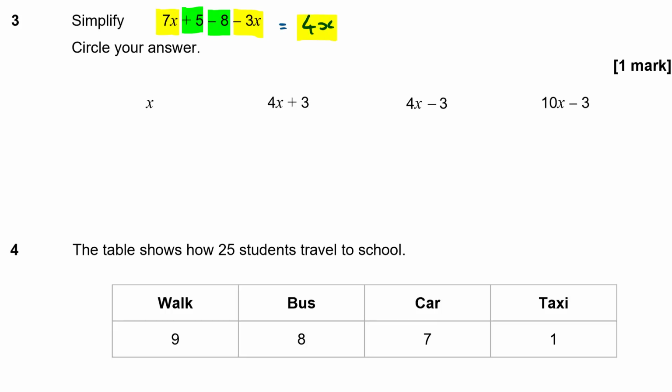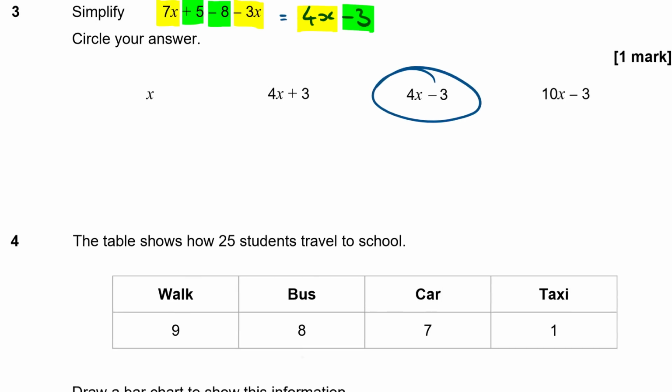They're the yellow things combined together. And 5 subtract 8 is minus 3. So if I combine the green bits together, I'm going to get -3. And altogether that's 4x minus 3 then, isn't it? So that is my answer there.